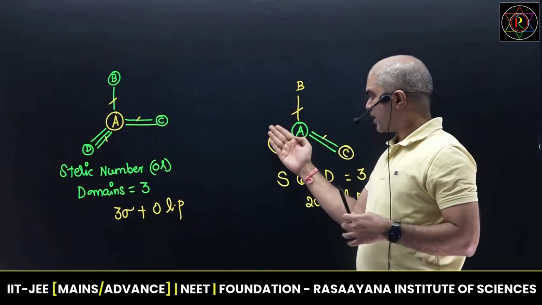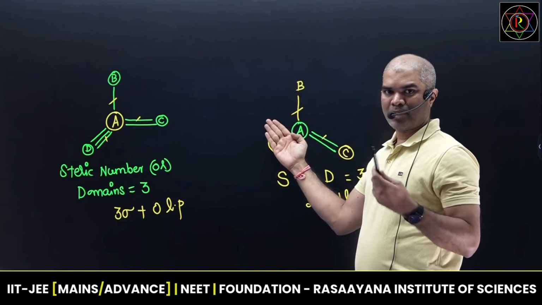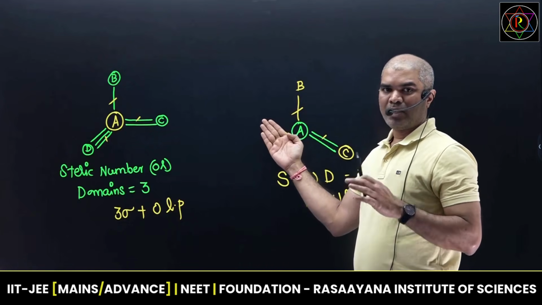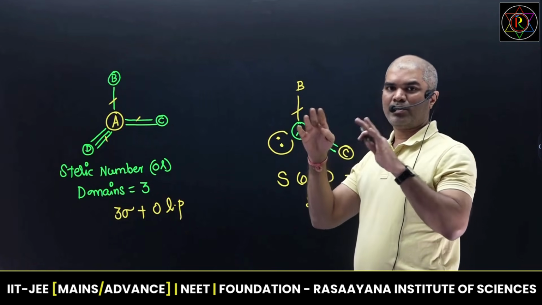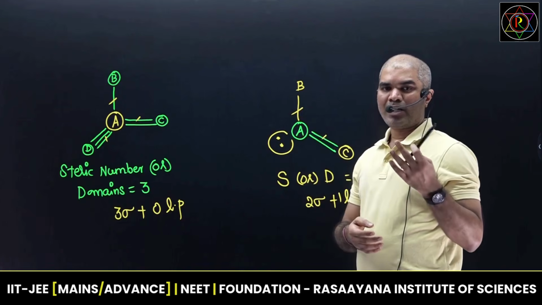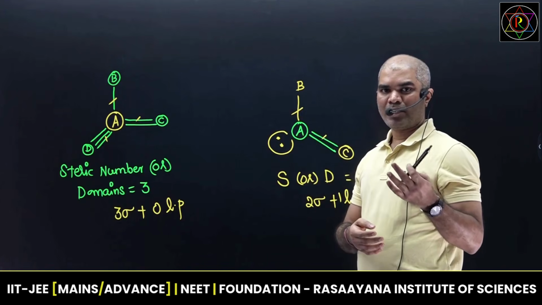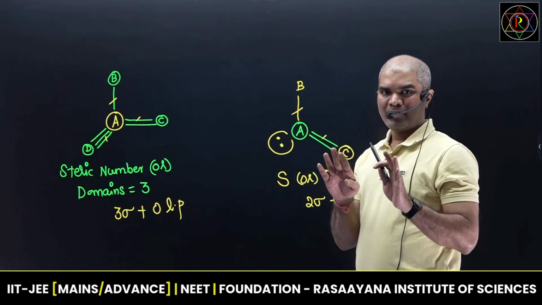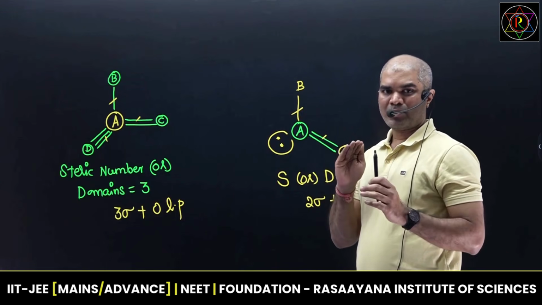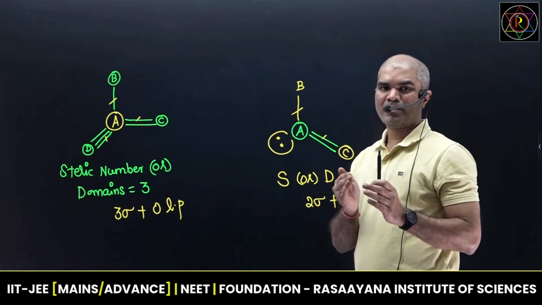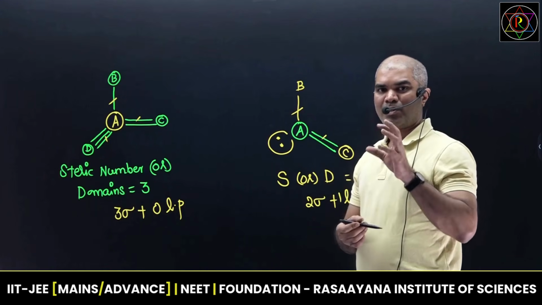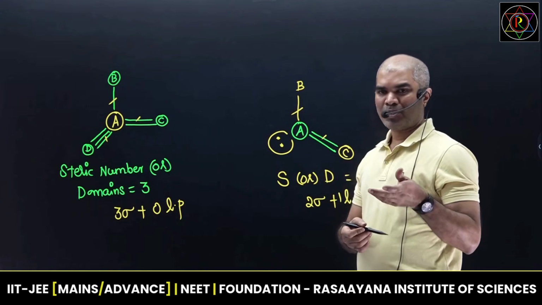But what if I don't consider the lone pair? Just as in the case of the H2O molecule, whenever we draw H2O, generally we don't draw the lone pairs. Or while drawing ammonia, we never draw the lone pair in general. We draw only nitrogen and hydrogens, or we draw oxygen and only hydrogens for the water molecule. That is called the molecular geometry or shape of the molecule.